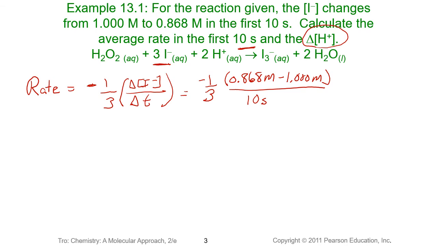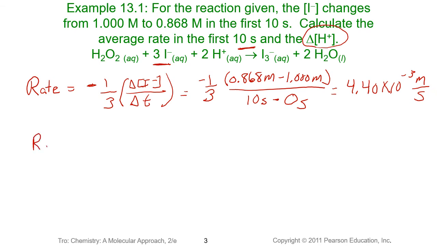And it says in the first 10 seconds, so our initial time is 0 seconds. And we end up with a rate of 4.40 times 10 to the negative third molar over seconds, molarity over seconds. So now let's calculate it for our delta H plus.